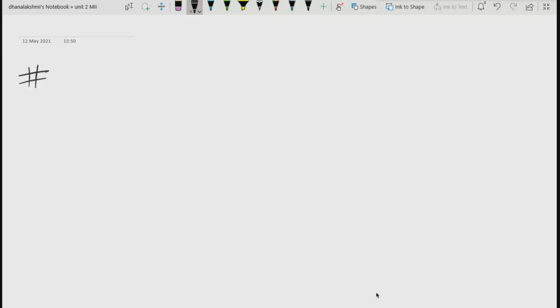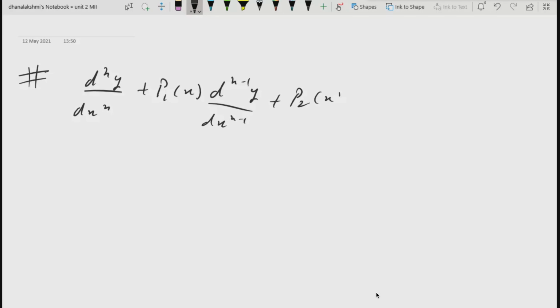Anyhow, let us discuss the main point, how an nth order differential equation looks, and that too we are talking about the linear differential equation only. So an equation of the form d^n y by dx^n plus p1 of x d^(n-1) y by dx^(n-1) plus p2 of x d^(n-2) y by dx^(n-2) and so on, plus pn y is equal to q of x.